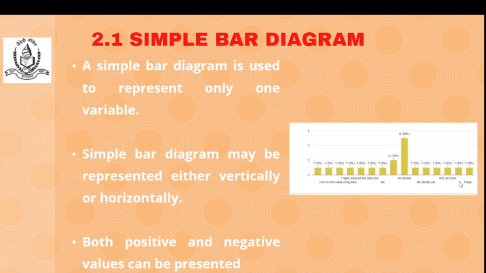Now, a second condition can also be there: what if our simple bar diagram has been drawn horizontally? In this case, the positive values are drawn on the right hand side and the negative values are drawn on the left hand side.